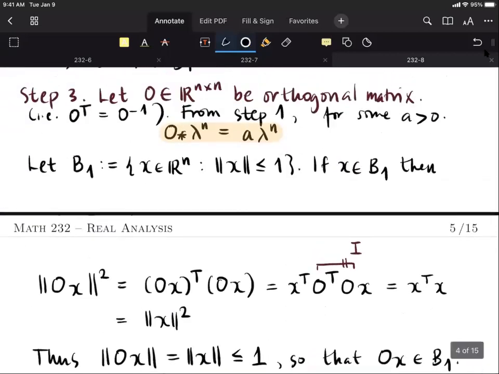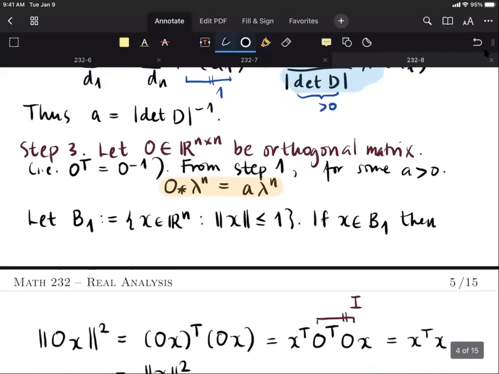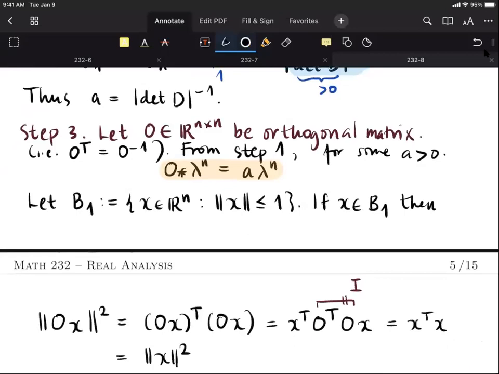So in the case of an orthogonal matrix, the effect of the image measure corresponding to that matrix would be nothing. So in other words, the Lebesgue measure is preserved under orthogonal transformation.